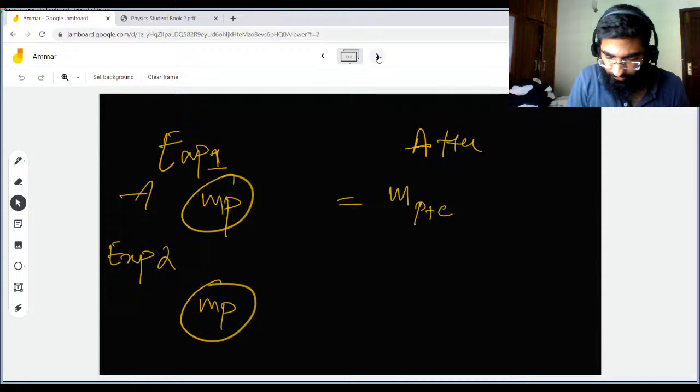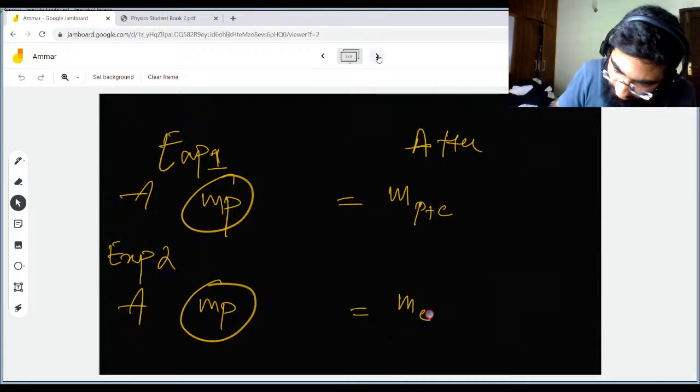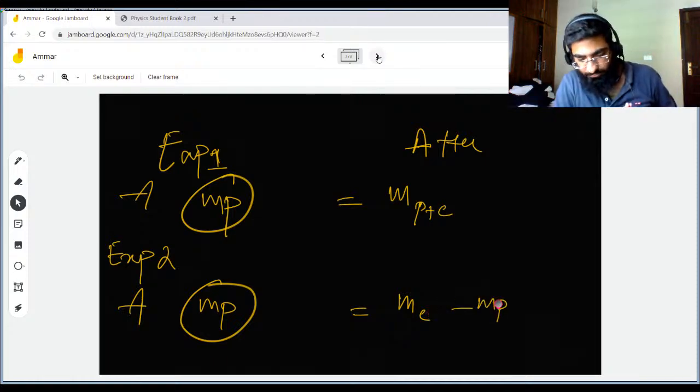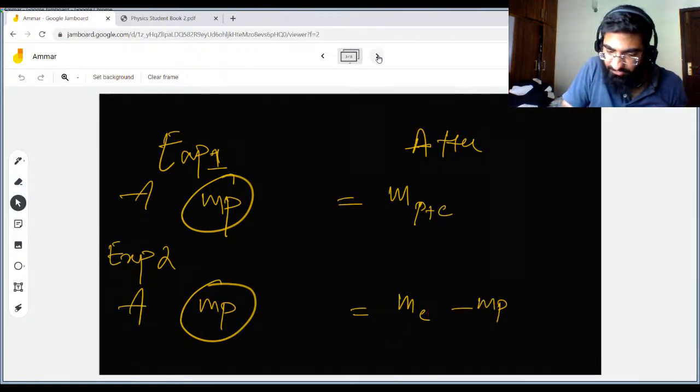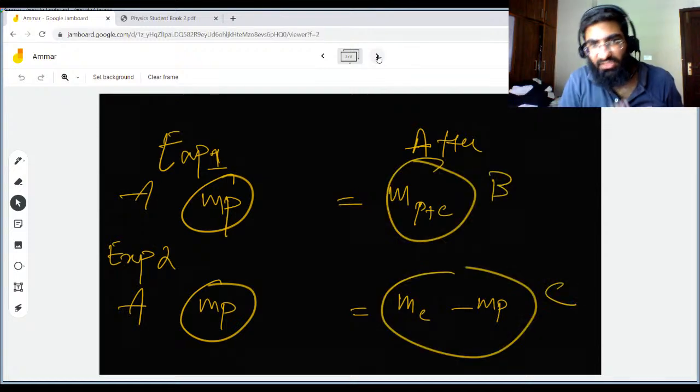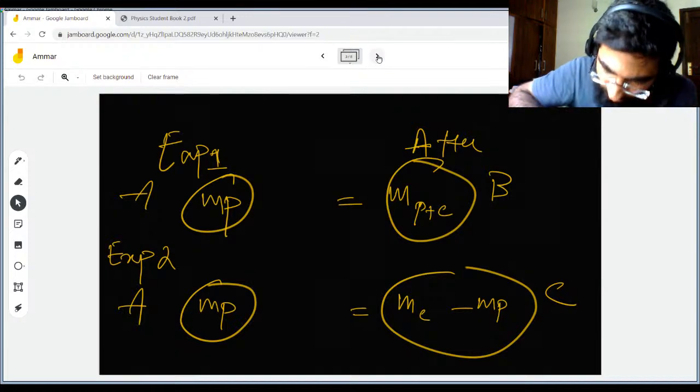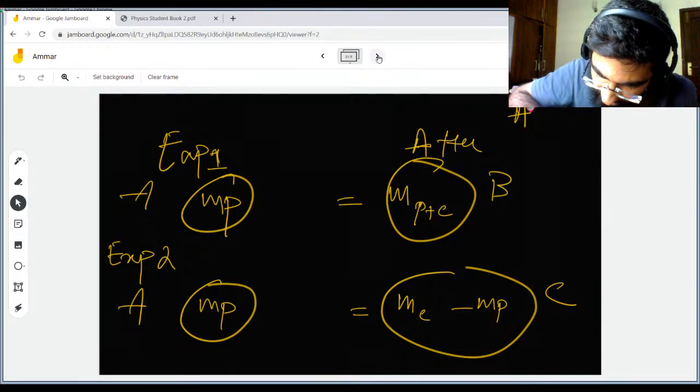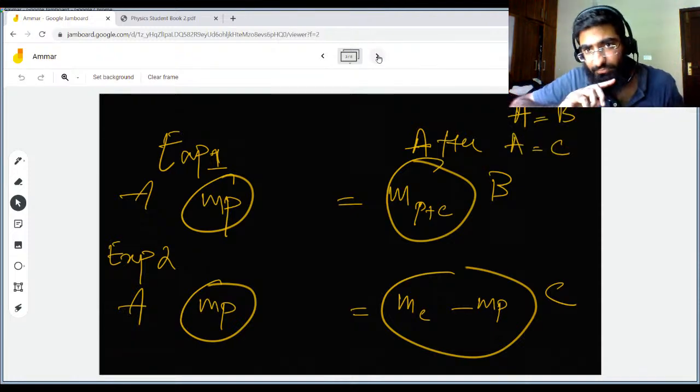But after collision, there will be a momentum of the car and there would be momentum of the pellet in the opposite direction. Agreed? So I call this one B and this one C. A is equal to B, A is equal to C. So now I am saying B is equal to C. Can I say that?